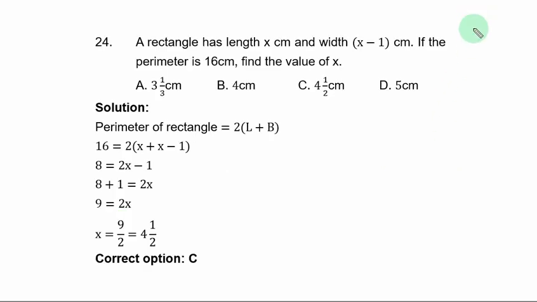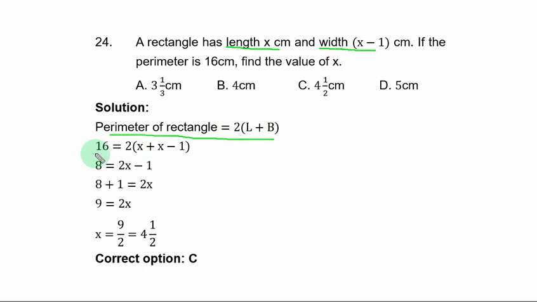Question 24. A rectangle has length s cm and width s minus 1 cm. If the perimeter is 16, find the value of s. Perimeter of a rectangle is equal to 2 bracket open length plus breadth.